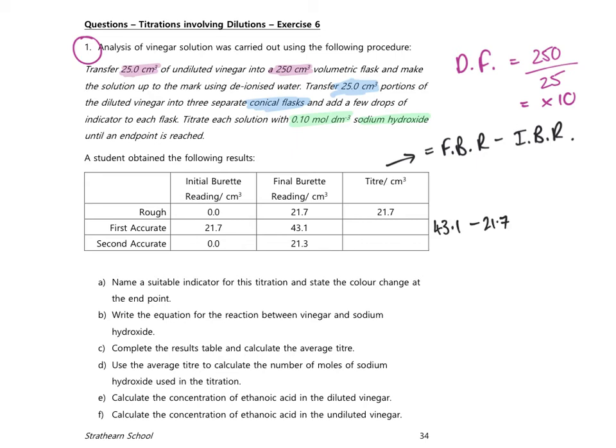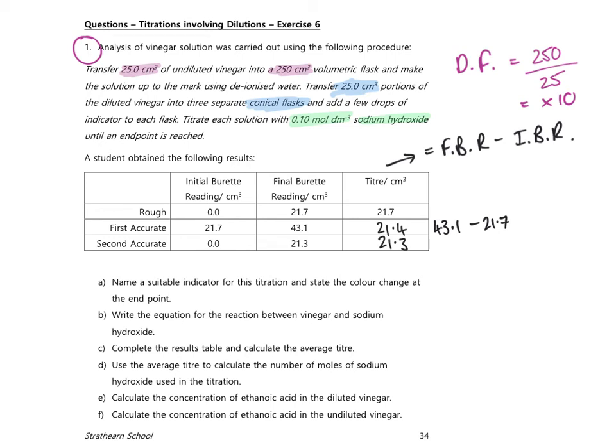With the first accurate titration, you're doing 43.1 minus 21.7, which works out as 21.4. So you can see that's less than the rough titration, which it should be. And then for the second accurate, you're doing 21.3 minus 0, which is obviously 21.3.